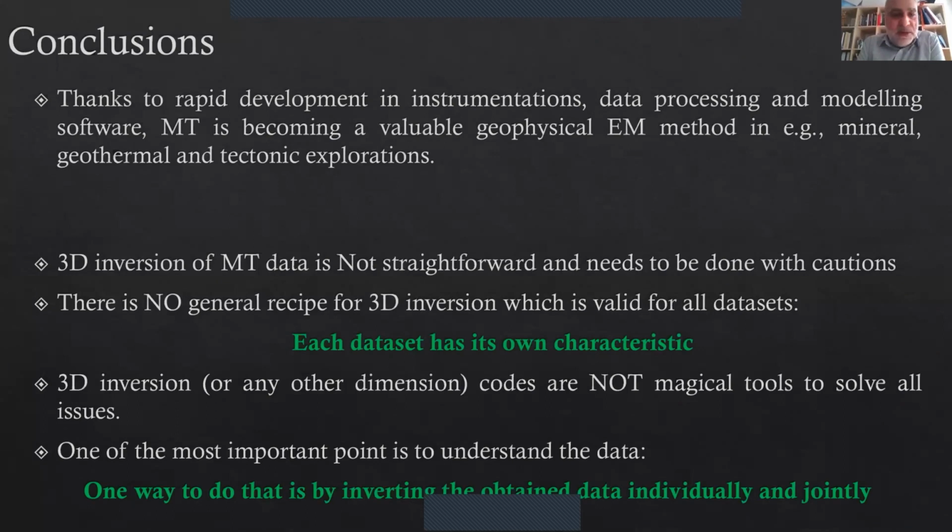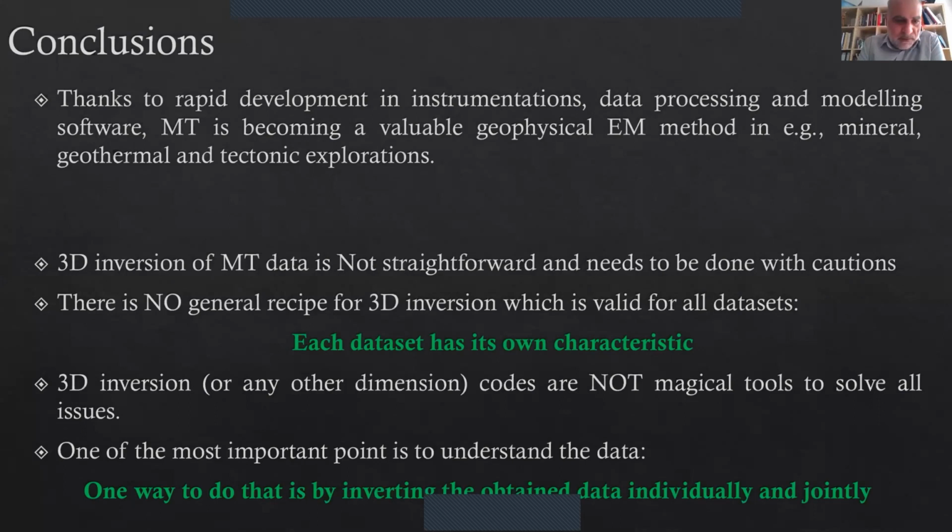So my conclusion here will not be related to the interpretation of any of these figures that I was showing from the 3D model, but rather a general conclusion on 3D inversion. The 3D inversion of MT data is not straightforward and needs to be done with a lot of care. I get asked all the time, is there something general, a script or something, that can be used to run 3D inversion?